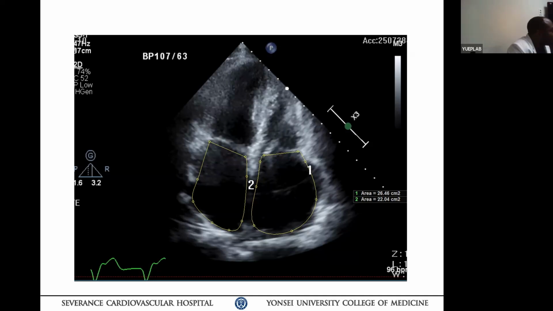First of all, compared to the LV and RV, we can find biatrial enlargement, and in the septum, we can find that the interatrial septum and interventricular septum are very thick, and I cannot find any valvular movement, so I cannot say anything more about that.